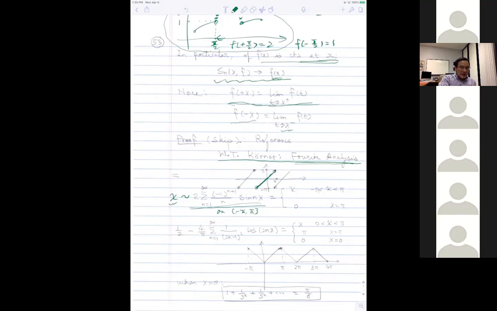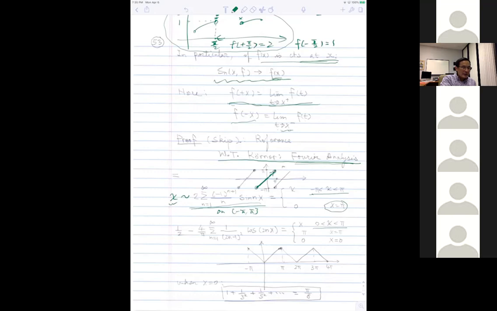So the convergence would be from negative pi to pi. However, when x is at those endpoints, like at pi, you would have a jump discontinuity when you approach pi from the left.